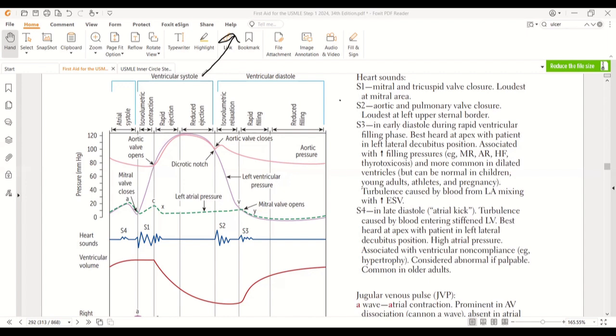When we talk about diastole, it means ventricular diastole. Diastole means filling of the ventricle, and systole means the contraction of the ventricle, broadly speaking.